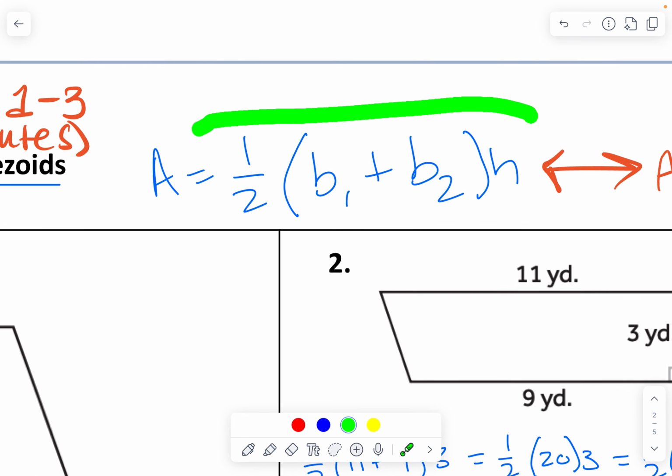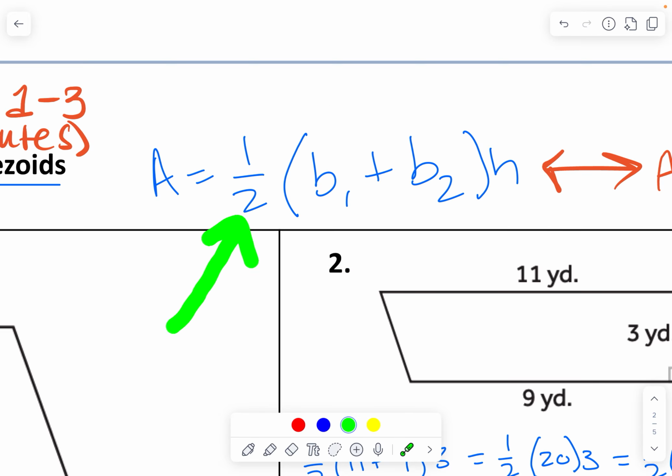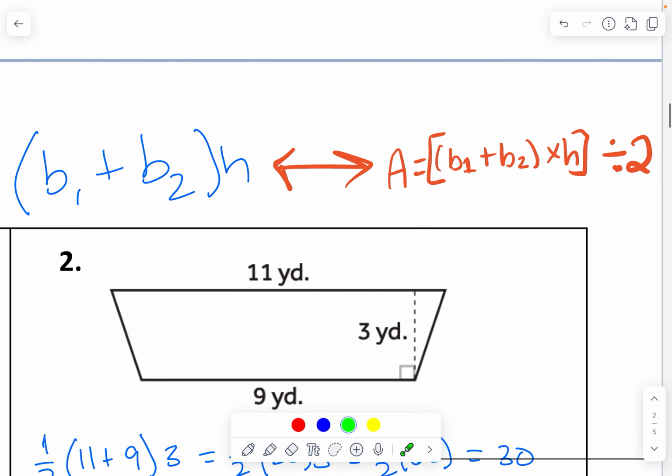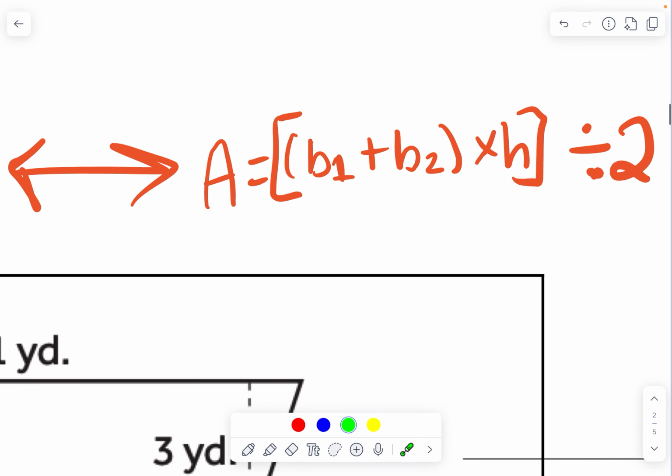So this formula right here has a fraction that is visible. And as I mentioned yesterday during the formula for triangles, there's another way to write the formula where it is not visible. And so I like this formula a lot better.